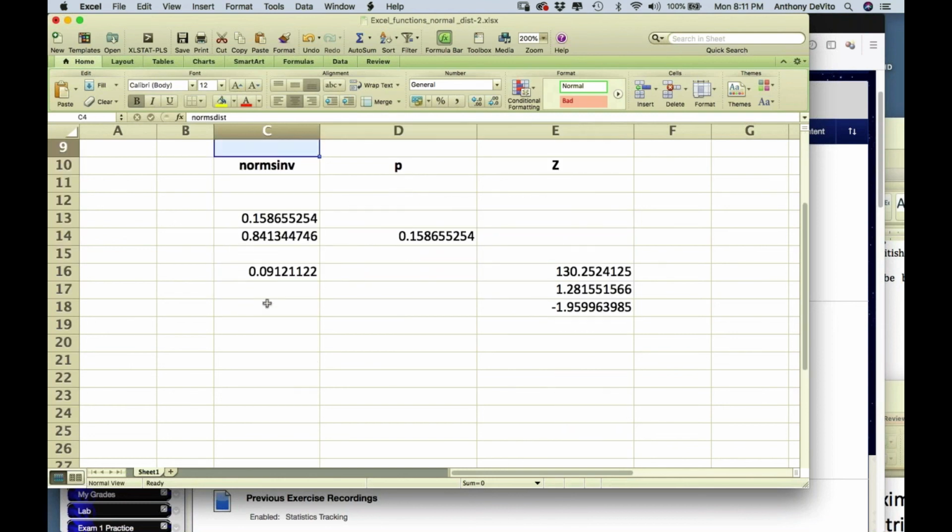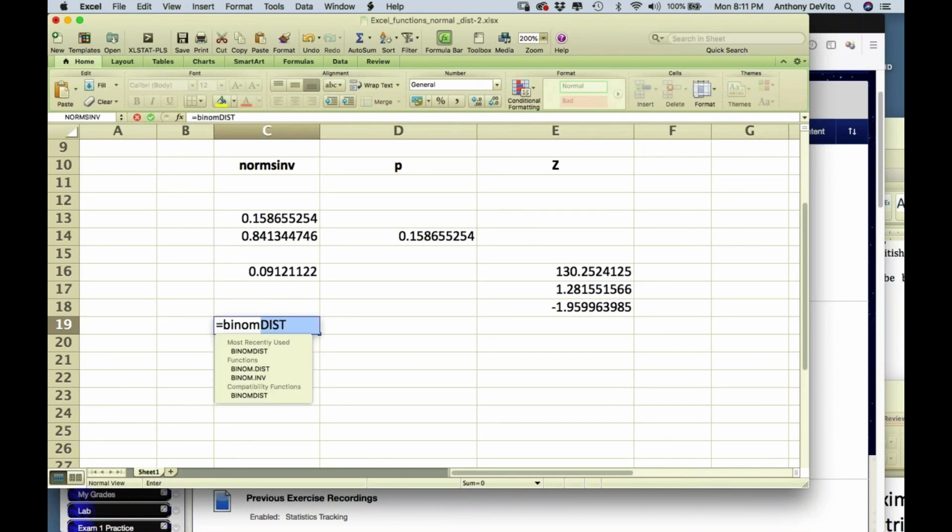I could add to this our tool for the binomial distribution, which is equal to BINOM.DIST, right? Parentheses, and you would put in the number of successes, number of trials, the probability, and whether you wanted a cumulative or just that exact outcome. You would say true for cumulative if you wanted, say, the probability of 2 out of 10 or lower: 2, 1, and 0.